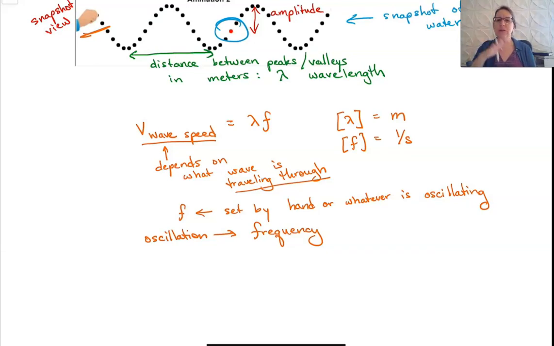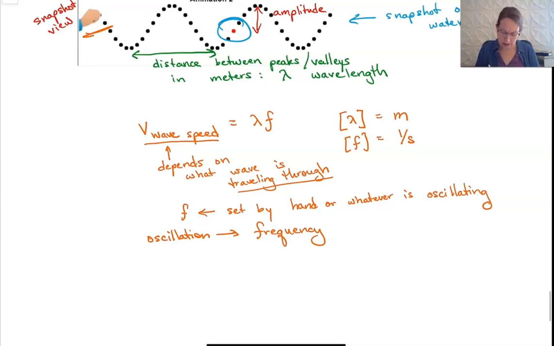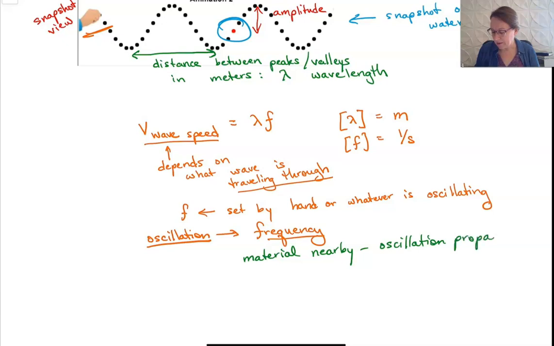Okay, so this is the general picture of a wave and how it connects to simple harmonic oscillation. It's the oscillation that sets the frequency, and then depending on what material is nearby, material that's nearby to pick up the oscillation, and let it propagate to create the wave.